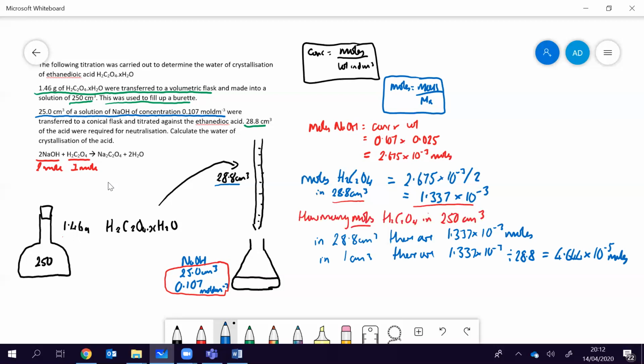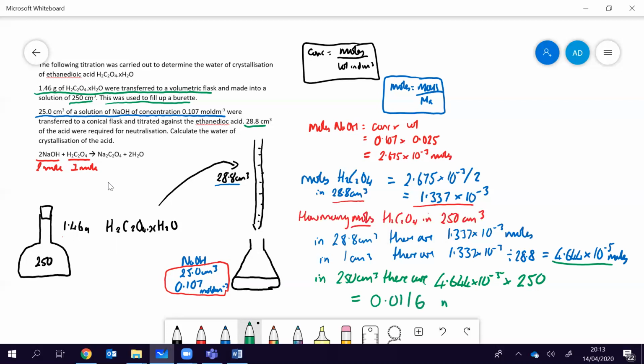So now we have to say, in 250 centimeters cubed, there are, well, in 1, we've got that many. So it's going to be 4.644 times 10 to the minus 5 times 250, which is equal to 0.0116 moles.